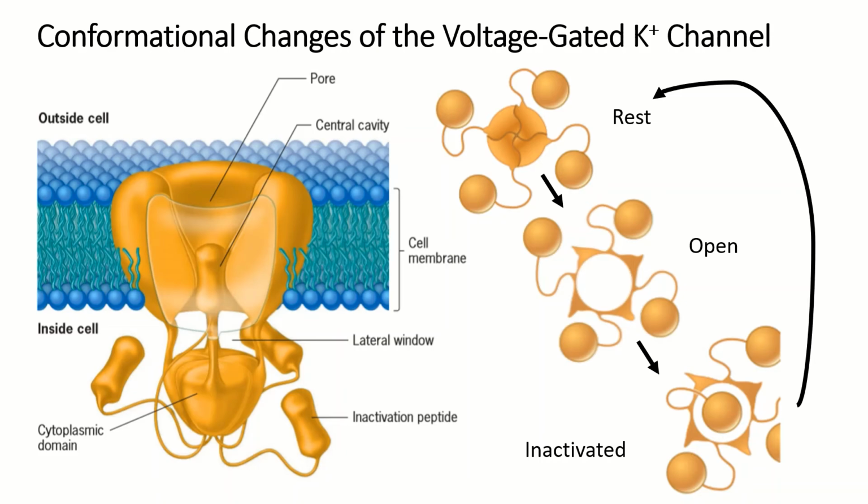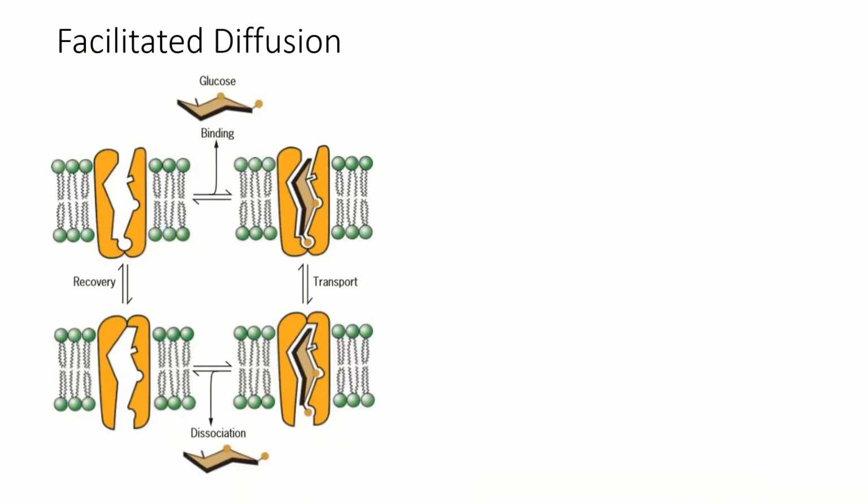And this repeats itself. So here we have facilitated diffusion, wherein we have a carrier protein this time, which actually opens up and has a perfect fit with its molecule, glucose in this example.